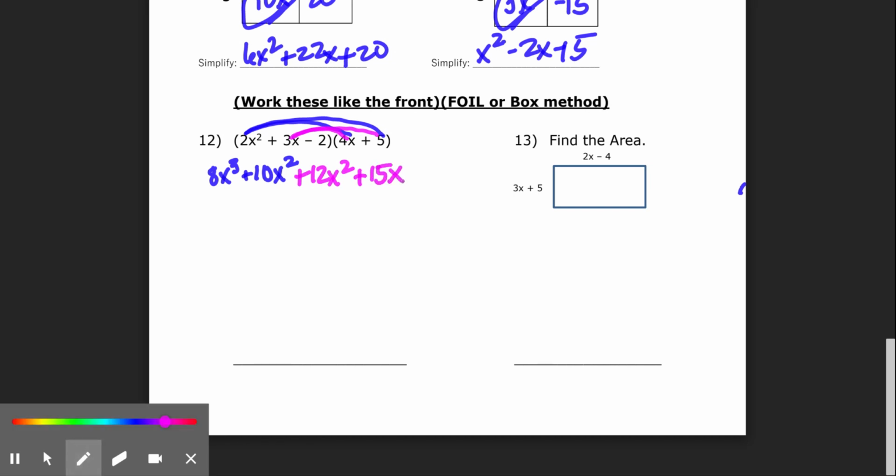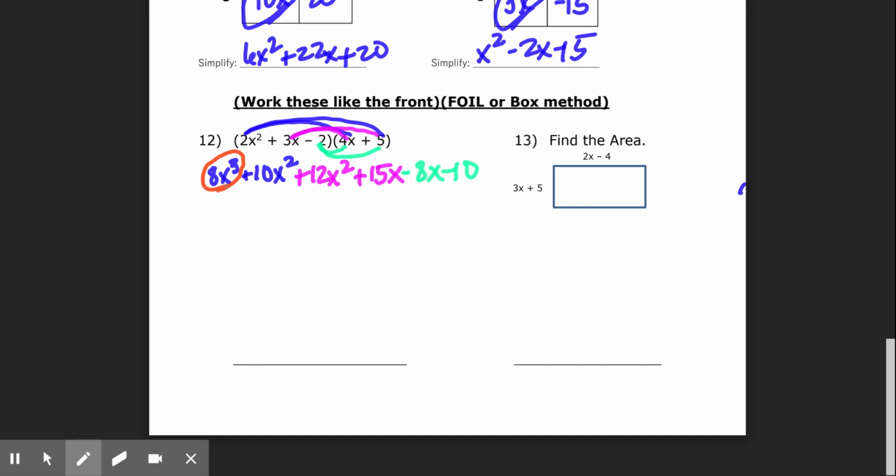And then let's do a green color. Negative 2 times 4x is negative 8x. And negative 2 times 5 is negative 10. So the final answer would be 8x cubed.